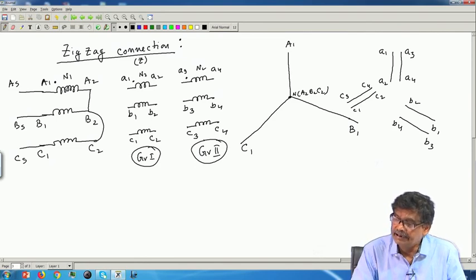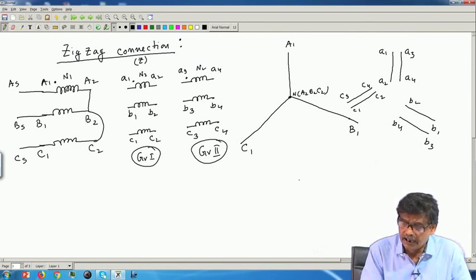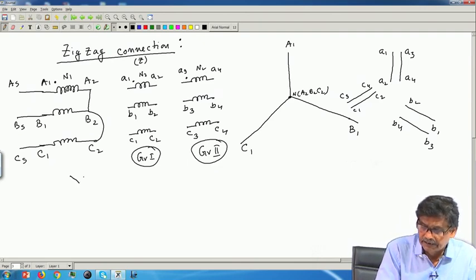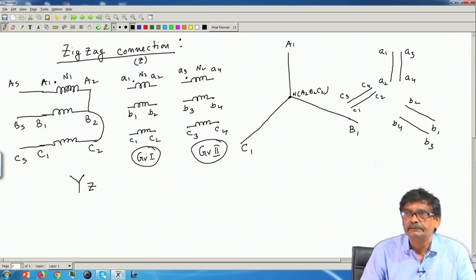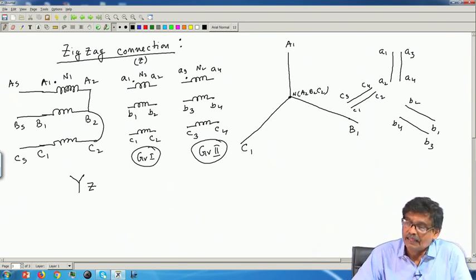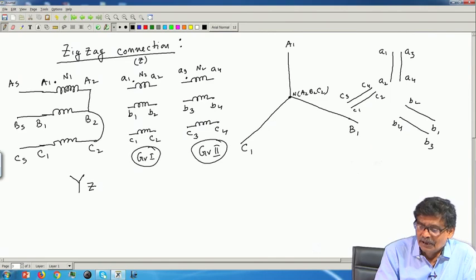Okay. So, the question is what is to be connected and how? The whole idea is that, for example, I would like to connect the primary in Y, secondary in Z, say 1.